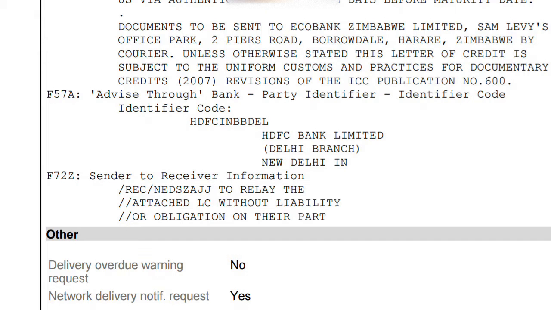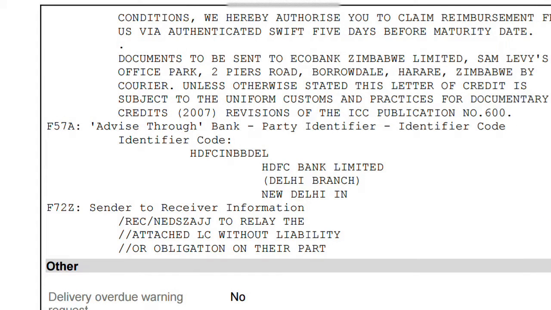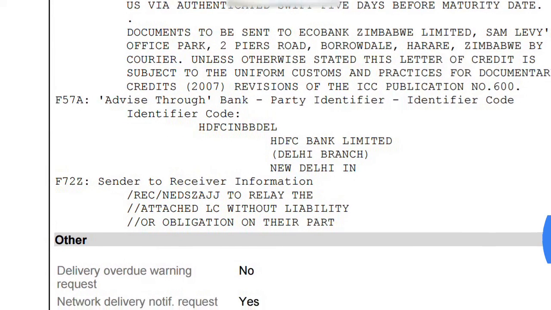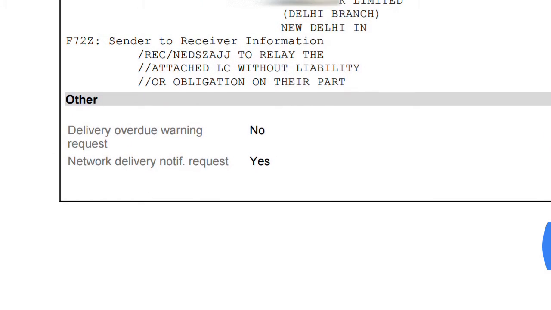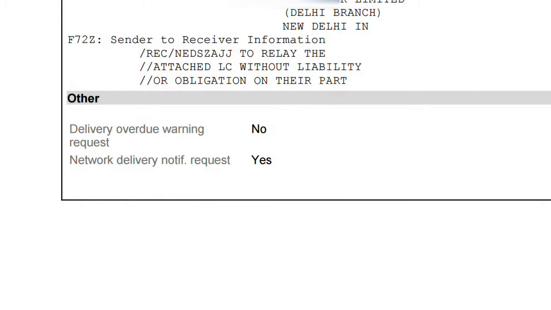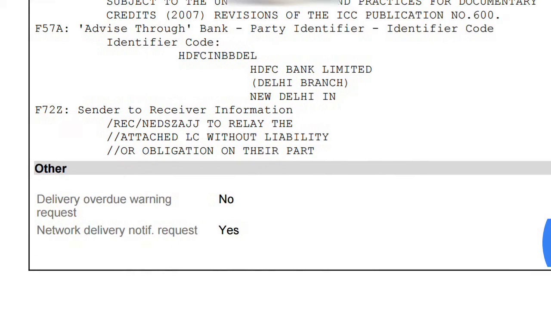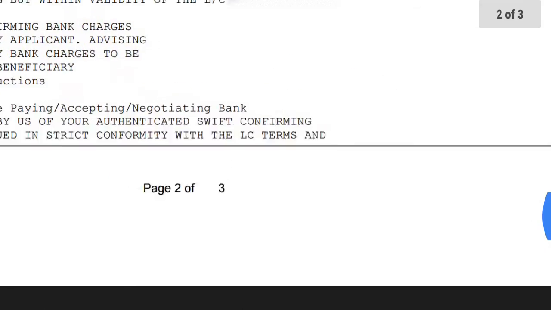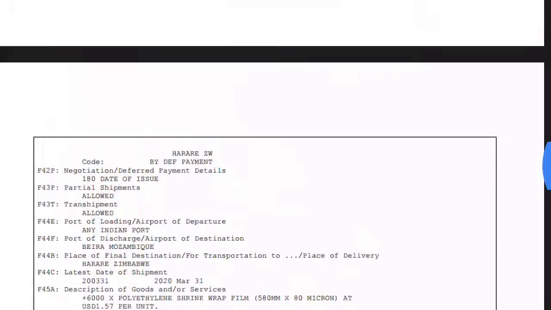The bank to which the payment is to be transferred under this LC is mentioned, and the identifier code also. Sender to receiver information: receive and relay the message without liability. These are additional information so you can understand the thing. In the letter of credit, we have studied some codes which are very important in the international market.